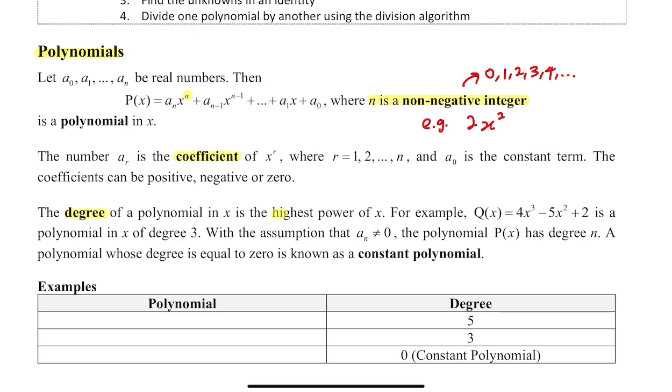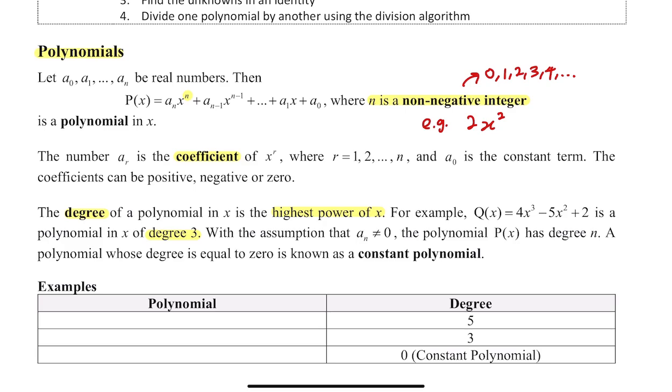It is the highest power of x in the polynomial. For example, let's look at this q(x) defined by 4x^3 minus 5x squared plus 2. The degree of the polynomial is the highest power of x. The highest power here is x power 3, so the degree of this polynomial is 3. That's simply what degree means, the highest power of x.